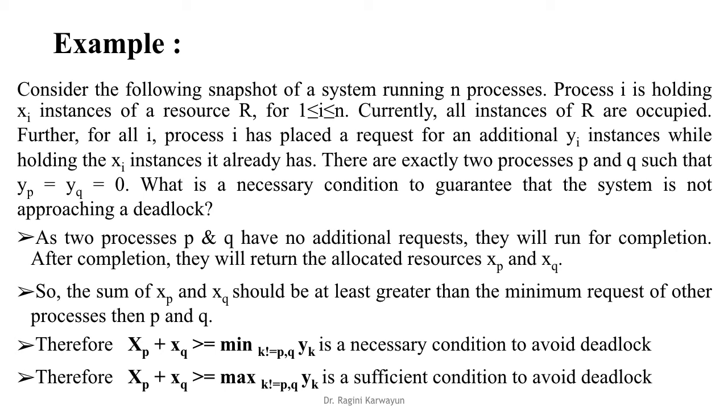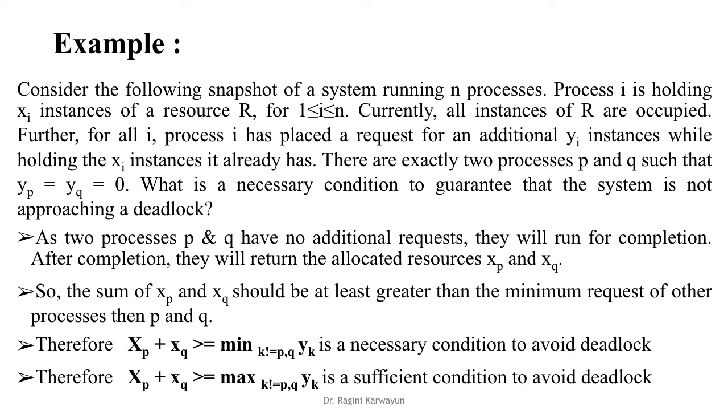As two processes P and Q have no additional request, they will run to completion. After completion, they will return the allocated resources xp and xq. Now the sum of these two, xp and xq, should be at least greater than or equal to the minimum request of the other processes, that is, other than P and Q. So the system will avoid deadlock, and will not enter into a deadlock.